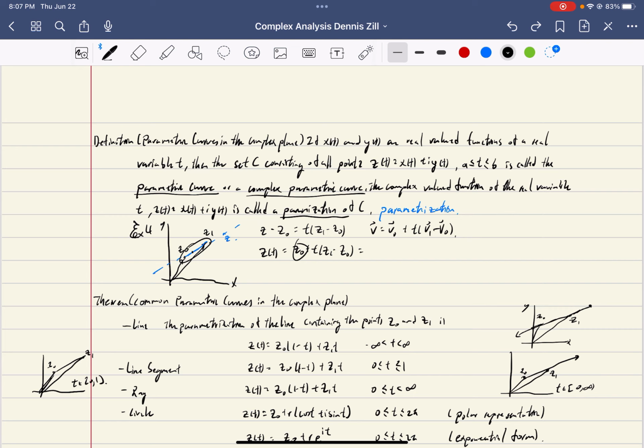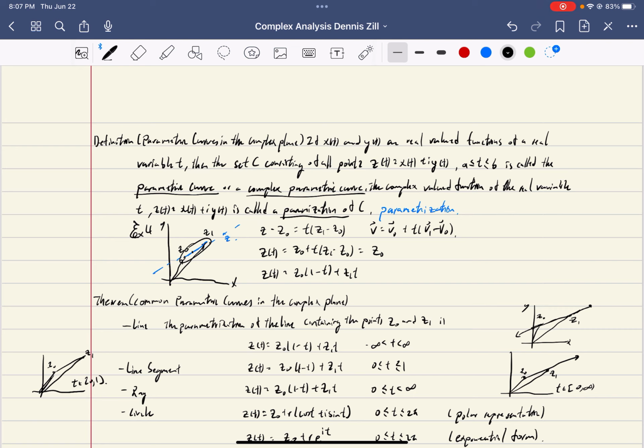So how do we prove it? Well, if you would distribute, our claim is that we should end up with this function z0 times 1 minus t plus z1 t.